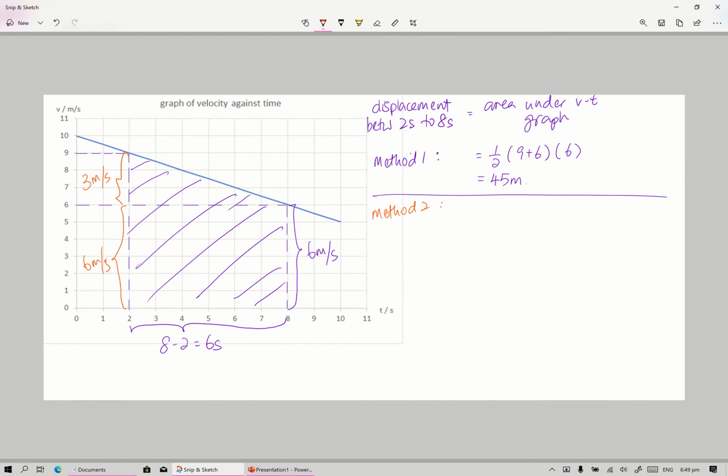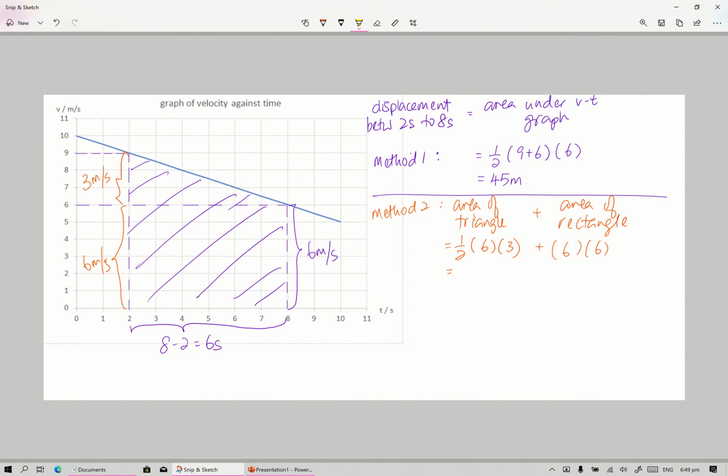So for method 2, it's area of triangle plus area of rectangle. The area of triangle will be half base times height, plus area of rectangle will be 6 times 6.